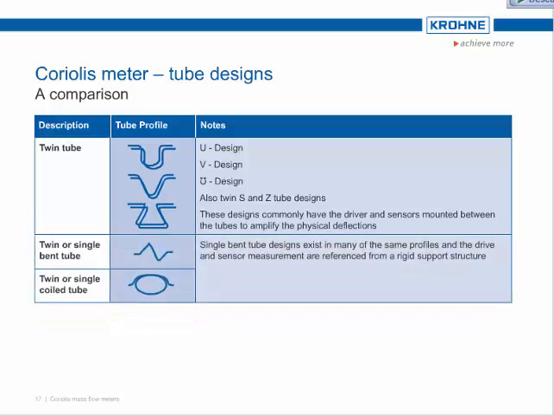Single bent tube meters have used many of the same profiles, but the U, S and Z profiles are the most common. In this case, the driver and sensor measurements are referenced from a rigid support structure.